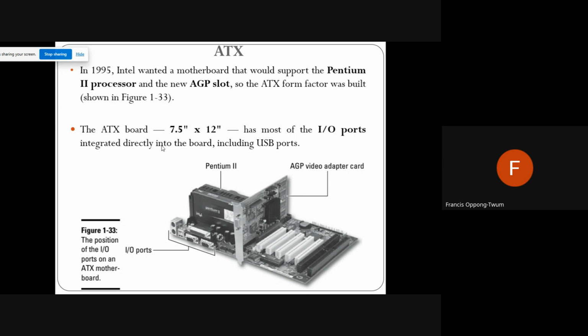Intel started this somewhere in 1995, and when they started it, the ATX board at that time was 7.5 by 12 inches, and it has most of the input and output integrated directly into the board, including the USB port. This is the picture for you to see.